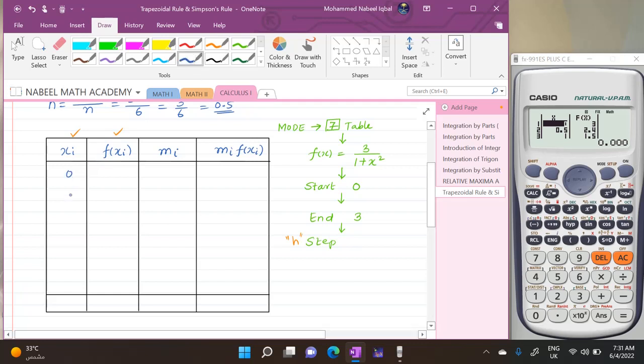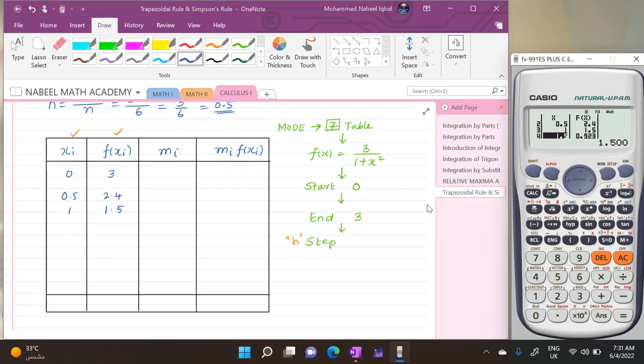What is the function here? For x equal to 0, f of x is 3. For the next value, 0.5, it is 2.4. For 1, the function is 1.5. For 1.5, the value is 0.923.